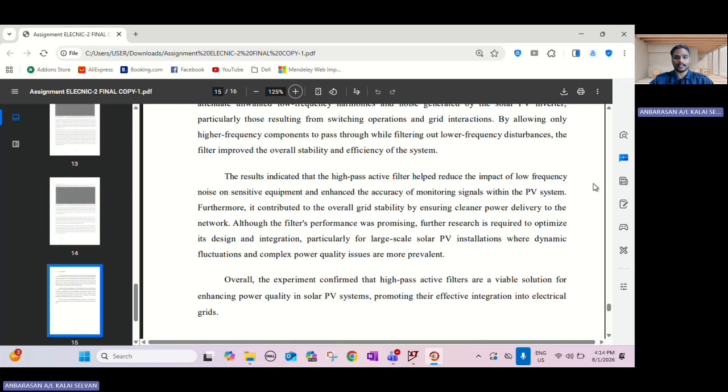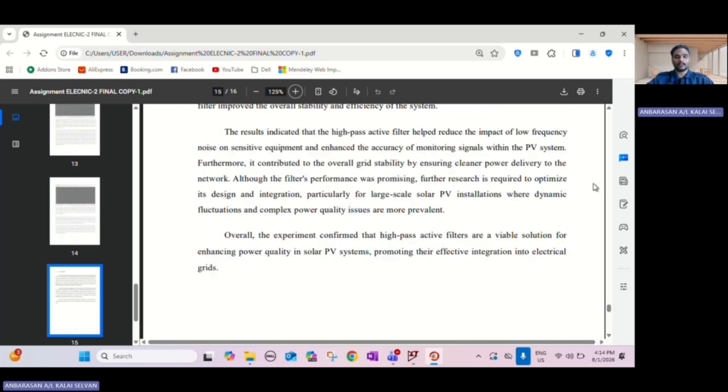The results indicate that the high pass active filter helps reduce the impact of low frequency noise on sensitive equipment and improves the accuracy of monitoring signals within the PV system. Furthermore, it contributes to the overall grid stability by ensuring cleaner power delivery to the network.